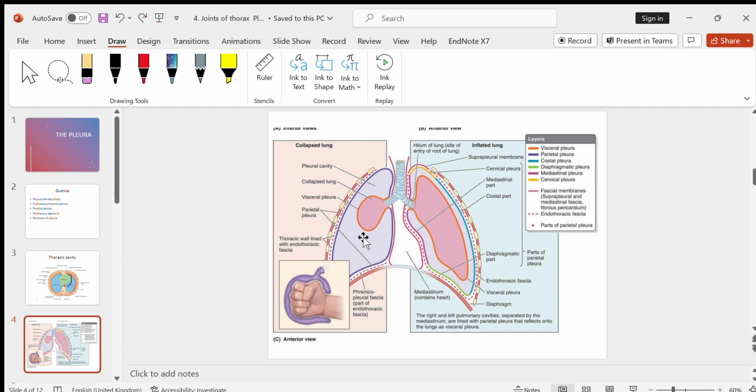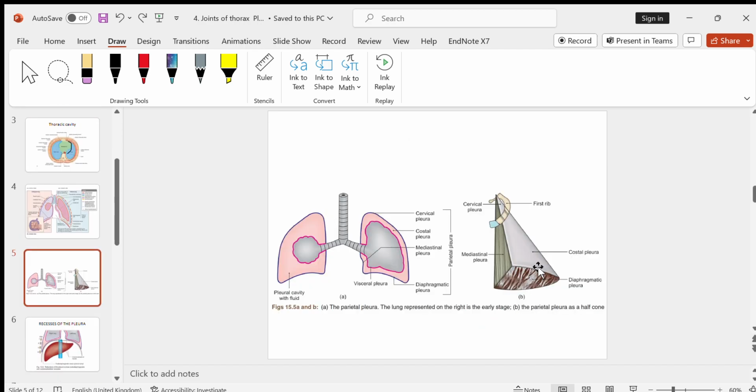On this side, this purple line is the parietal pleura, and this orange line is the visceral pleura. On this side, this lung is collapsed, that's why it is appearing so small. So this orange line is the visceral pleura, and on this side the lung is normal, and this orange line is the visceral pleura which is surrounding the viscera, that is the lung.